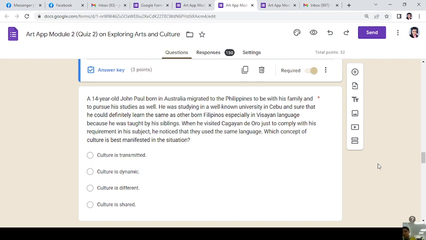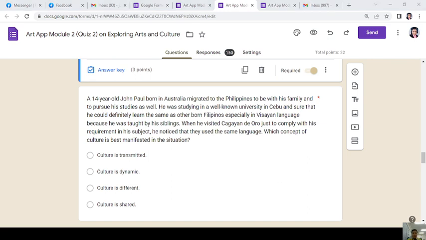14-year-old Ann Paul, born in Australia, migrated to the Philippines to be with his family and to pursue his studies as well. He was studying in a well-known university in Cebu and was sure that he could definitely learn the same as other Filipinos, especially the Visayan language, just to comply with the requirements in this subject.